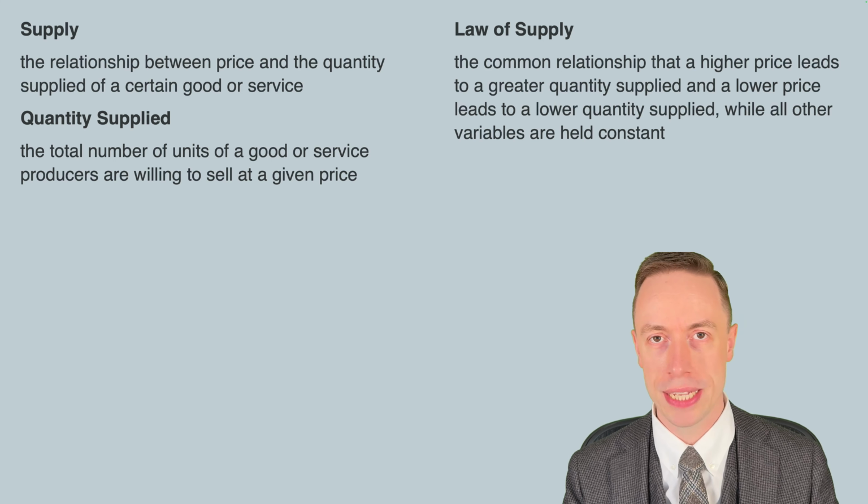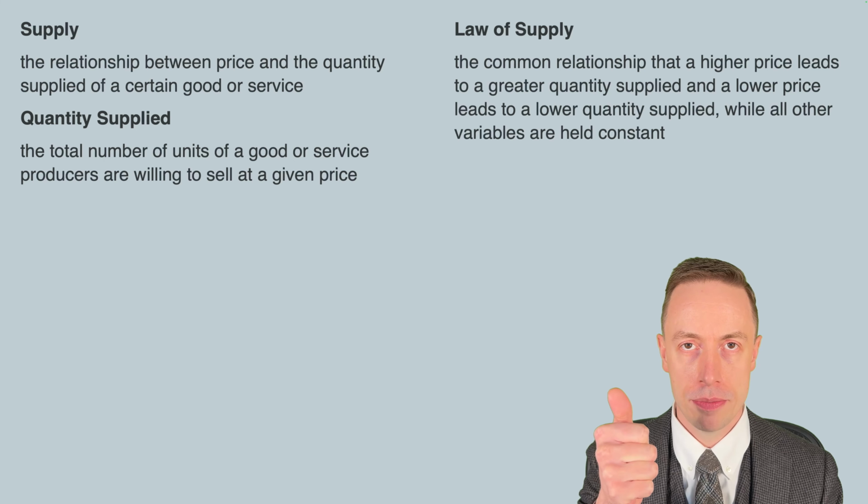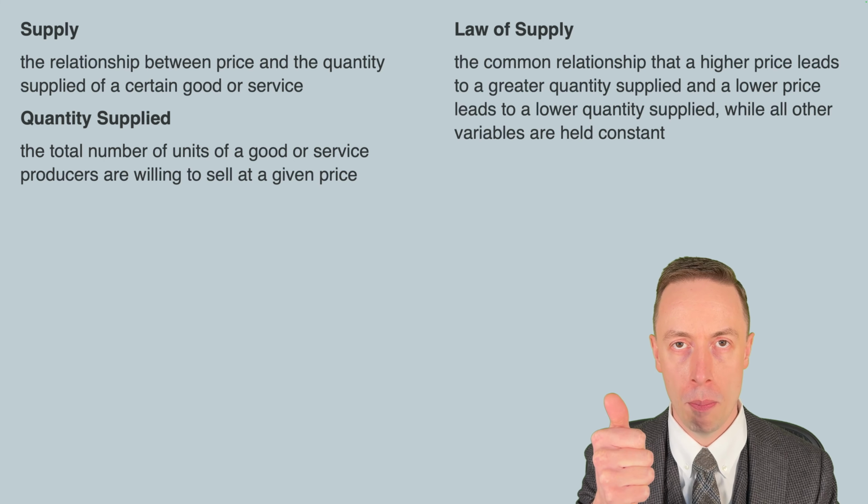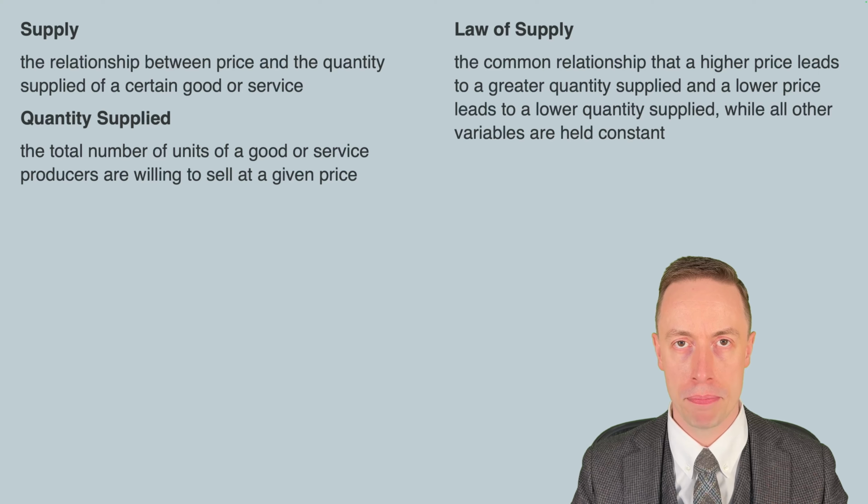Price goes in, quantity supplied comes out. Quantity supplied refers to one specific number of units sellers wish to sell at a given price point. And we observe a common relationship called the law of supply, that if the price of a product increases, sellers wish to sell more units of that product.